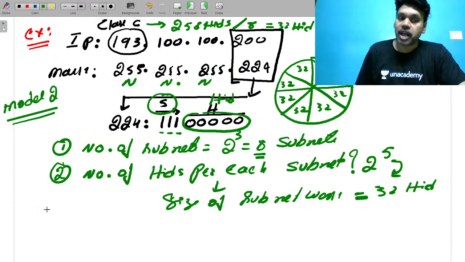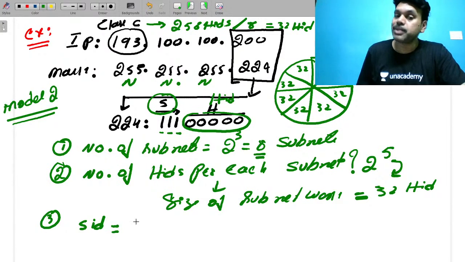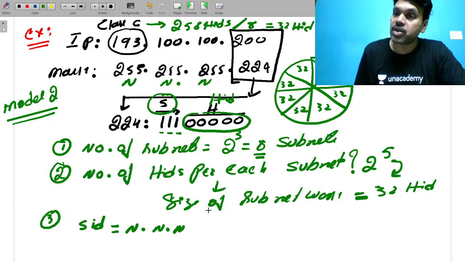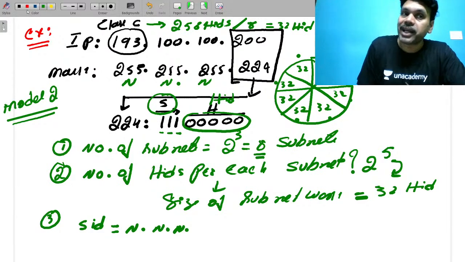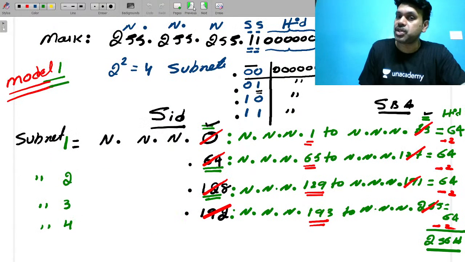That's it. Now, subnet IDs you can easily identify. What are the subnet IDs? The first 3 octets are mandatory as they belong to the network part. The last part is for the first, second, third, 4, 5, 6, 7, 8 subnets. Your subnet ID always starts with 0. Don't forget that.